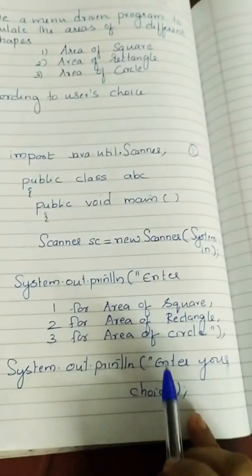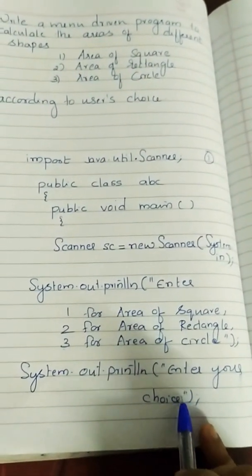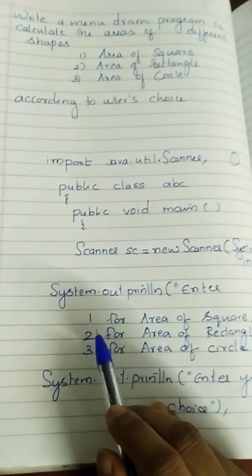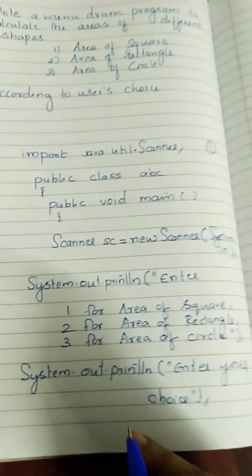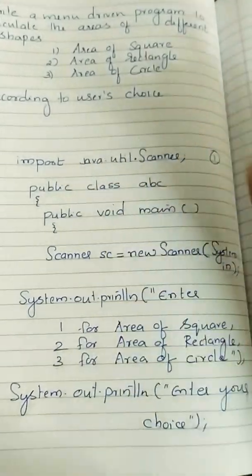So we have prompted the user to enter the choice. Now what did I say? We have to get an integer value. So which is the method to get the integer value? I have to store that value in some variable. So I will take int choice. So choice is my variable to store a value from the user.